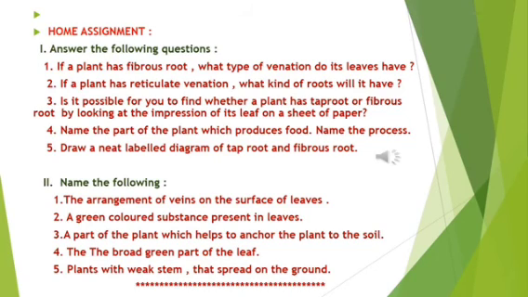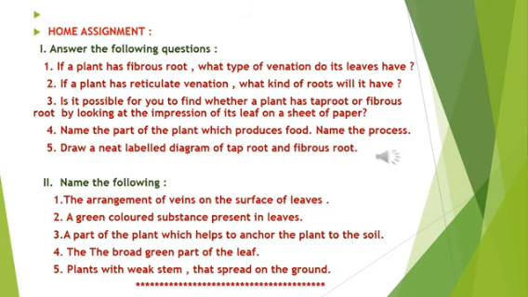Third question, is it possible for you to find whether a plant has taproot or fibrous root by looking at the impression of its leaf on a sheet of paper? Fourth one, name the part of the plant which produces food. Name the process.